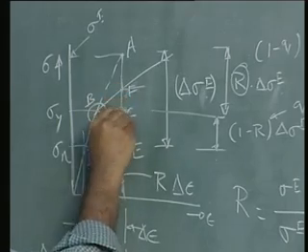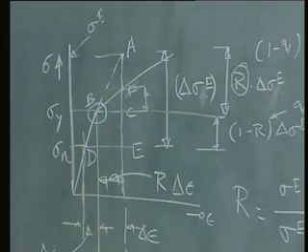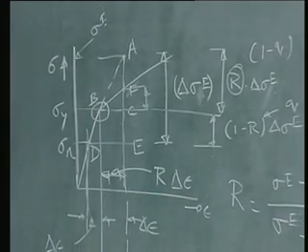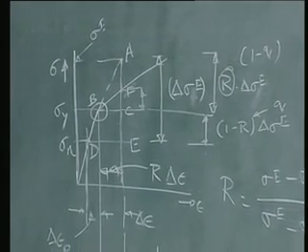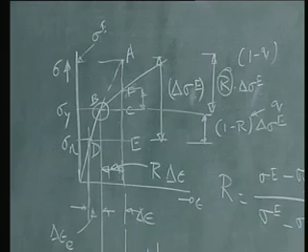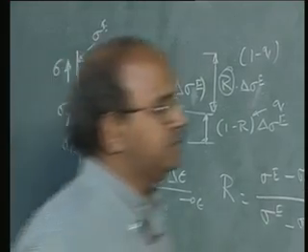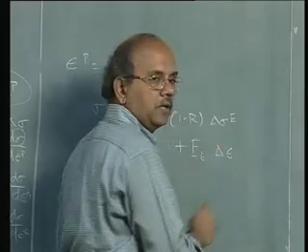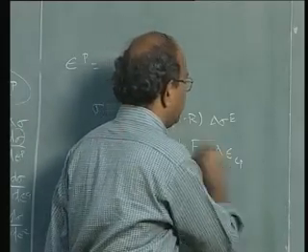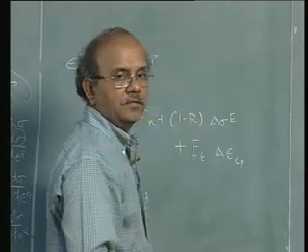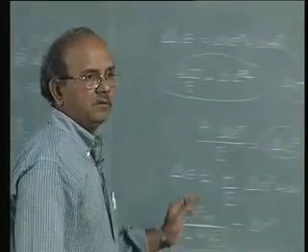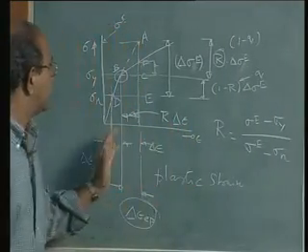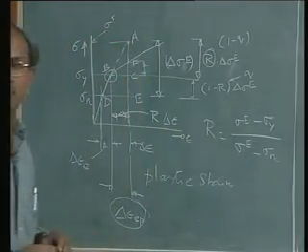This distance, from this delta epsilon Ep, and Et, exactly. So, in other words, this is equal to Et into delta epsilon Ep.